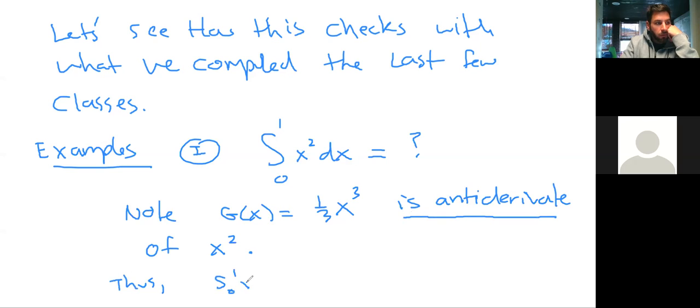Thus, this integral would be g of 1 minus g of 0, which is 1/3. And that is precisely the number we got each time we computed this in the past.